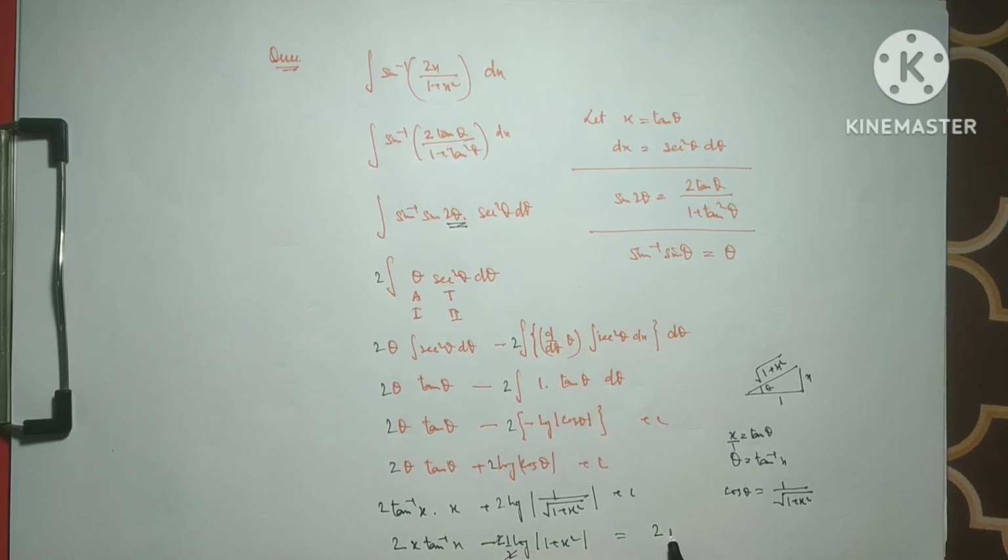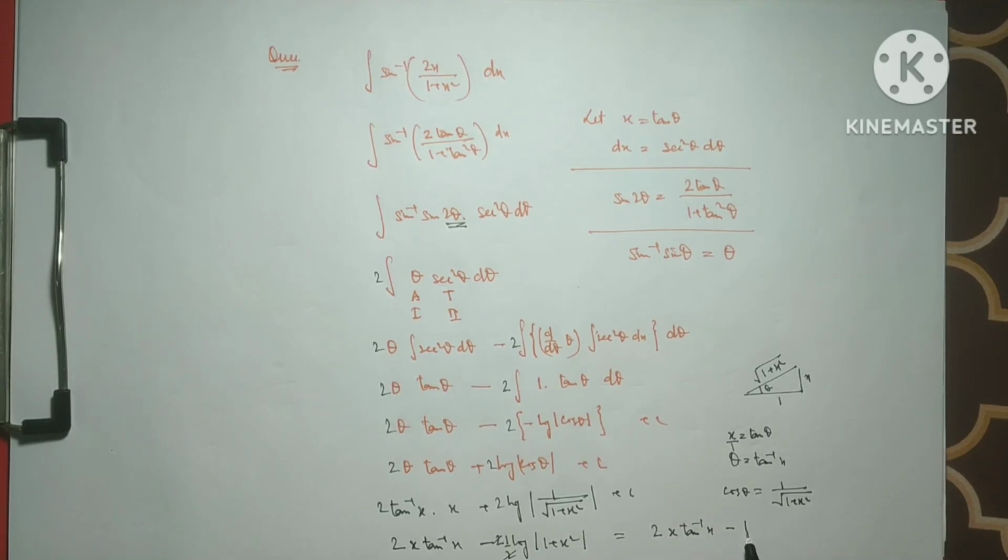So answer is 2x tan inverse x minus log 1 plus x square.